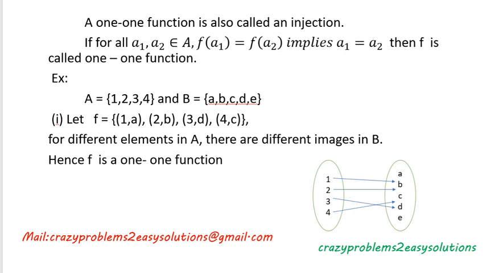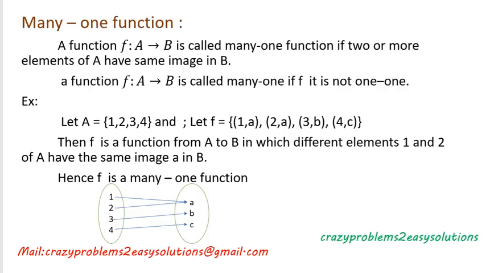So for different elements in A, there are different images in B, hence f is a one-to-one function.